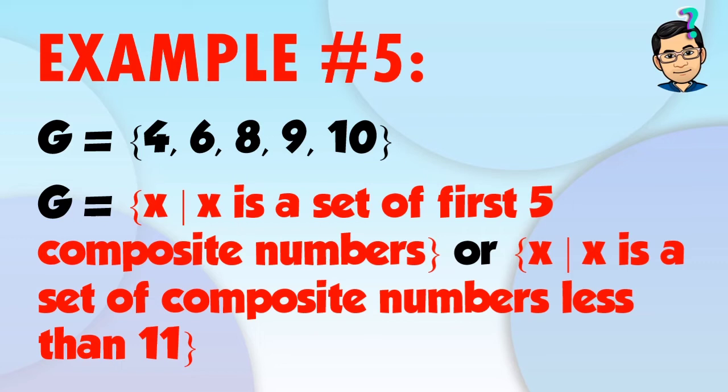Kaya hindi natin siya pwedeng i-classify as X such that X is a set of first 5 even numbers because 9 is an odd number. So, I hope na naintindihan nyo yung kabaligtaran ng roster method, which is rule method or set builder notation. So, let's now move on.